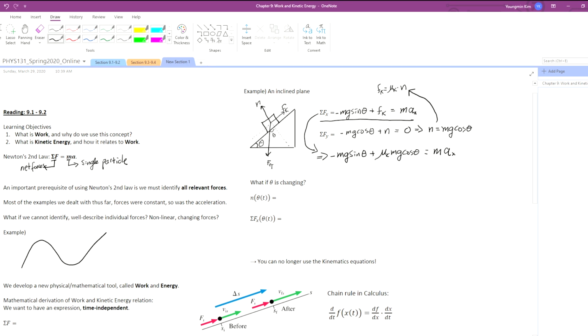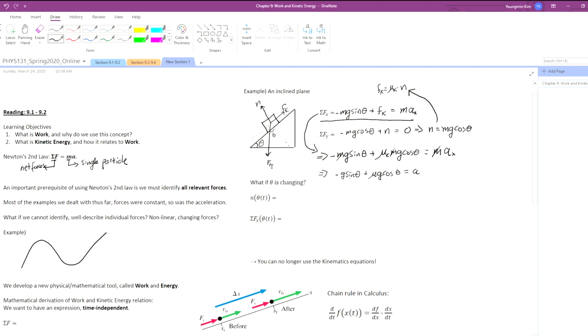All right, so we have mass involved in all sides, so let's cancel that out by dividing both sides by mass. So we have here minus g sine theta, plus mu k g, let me drop the subscript since that's the only one we're dealing with here, cosine theta is acceleration.